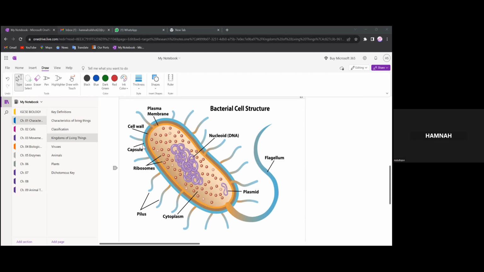Okay, good. In chapter one, there's a common question: what does the flagella do for a bacteria? It helps in the movement, right? The flagella helps the bacteria to move or swim around. You know that there are bacteria inside our body as well.